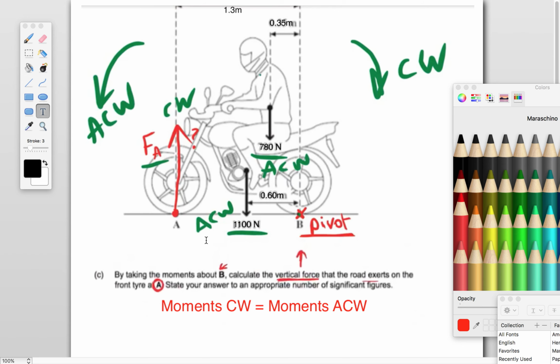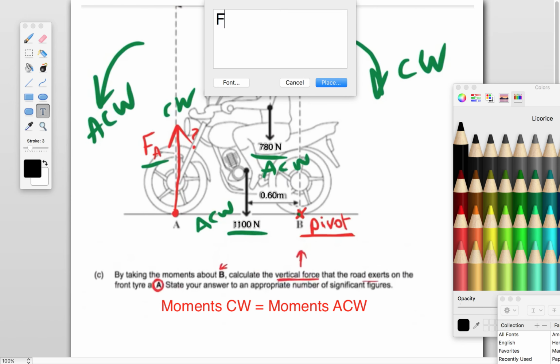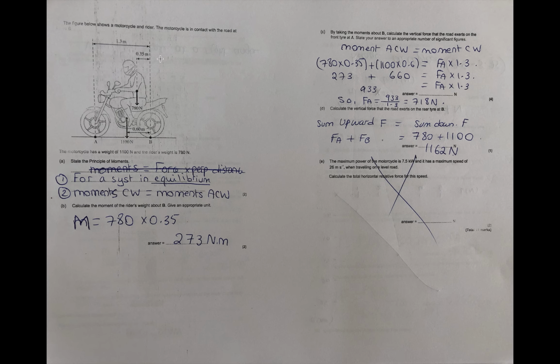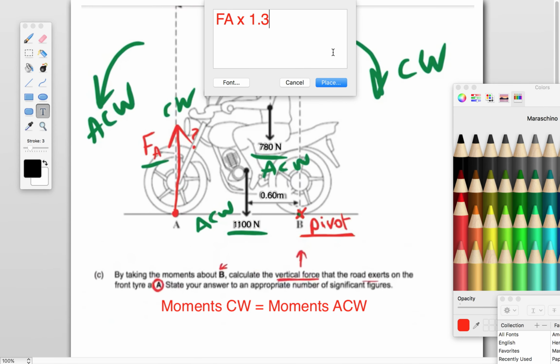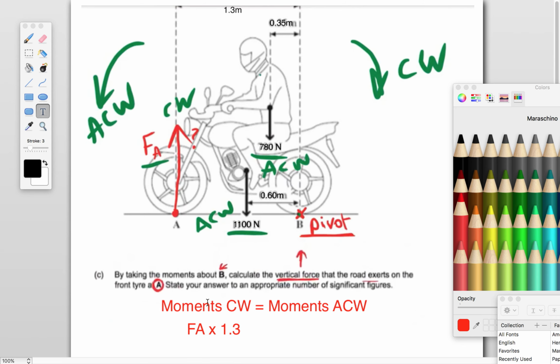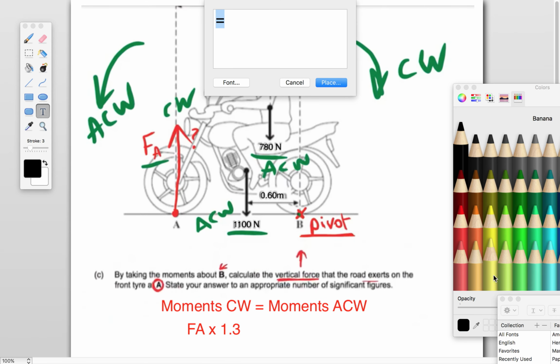So here we have only one clockwise moment, which is Fa, acting away from pivot B with a perpendicular distance of 1.3 meter.